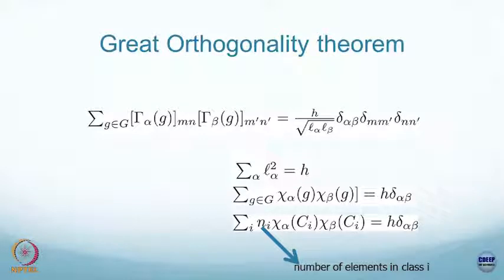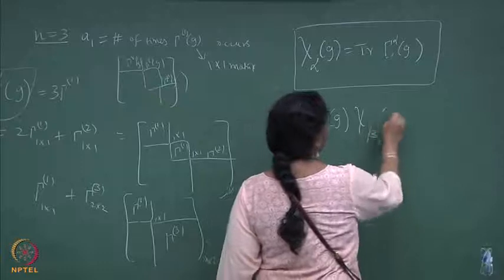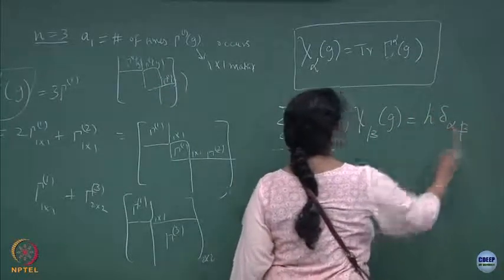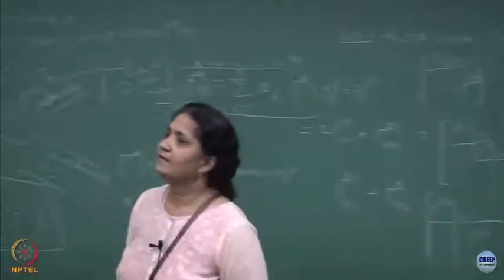So, you can play around with this great orthogonality theorem by taking a trace, and then you can derive the summation over G, chi alpha of G, chi beta of G to be equal to h times delta alpha beta. Okay. Is this clear?